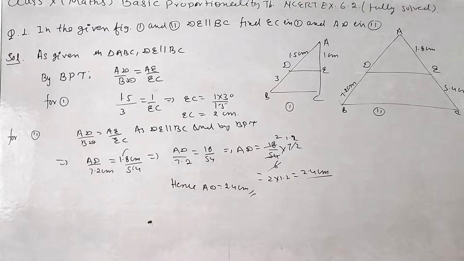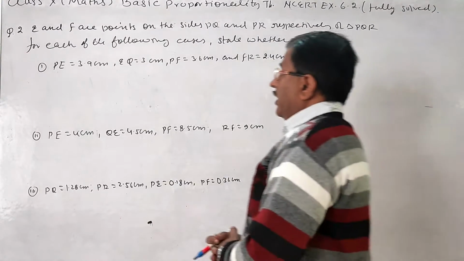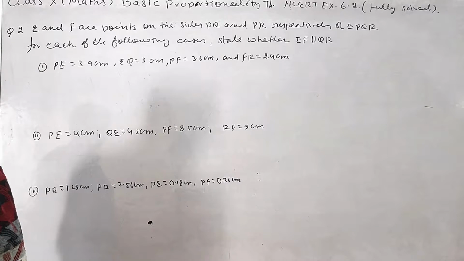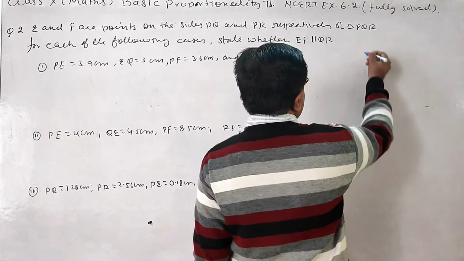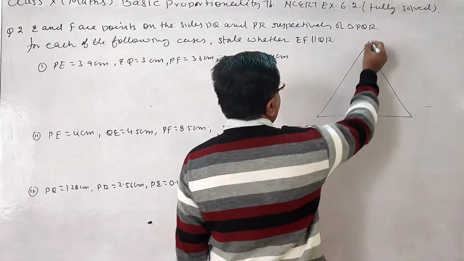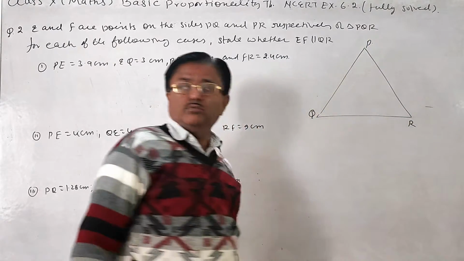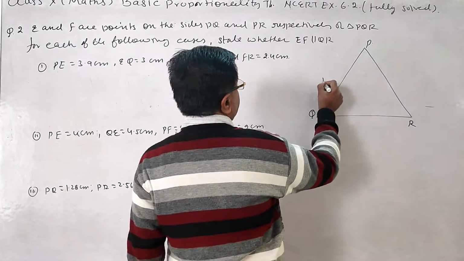Now next, dear student, question number 2. E and F are points on the sides PQ and PR respectively of triangle PQR. It means we are given a triangle PQR. What does the problem say?